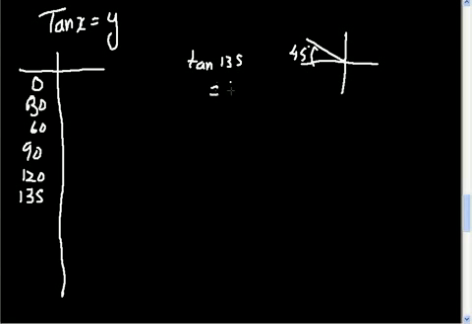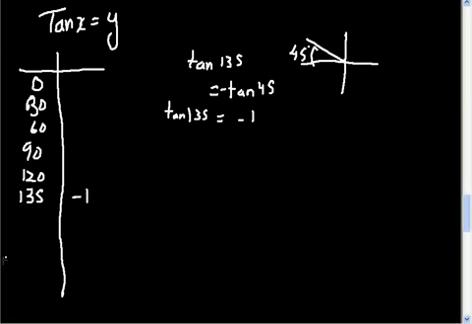So tan 135 would be equal to tan 45, but the only difference is that in the second quadrant tan is not positive, tan is negative. So tan 135 would be equal to the negative of tan 45. Tan 45 is 1, so tan 135 would be equal to negative 1.